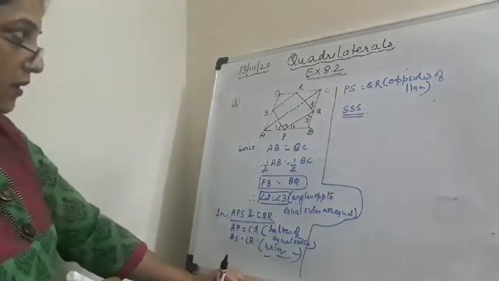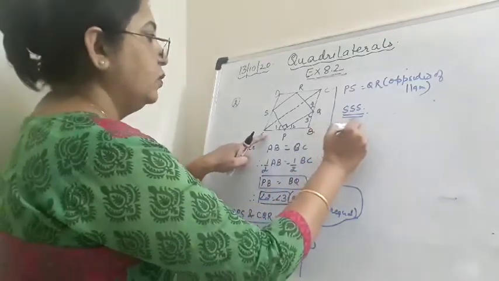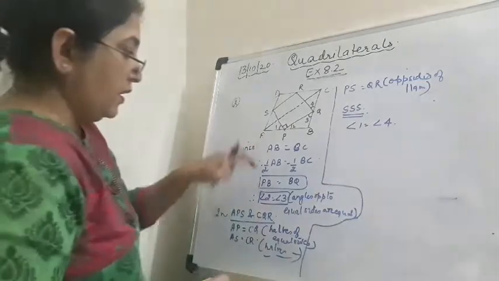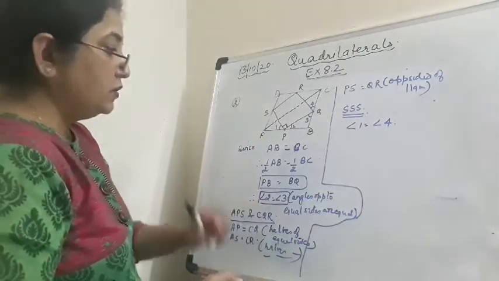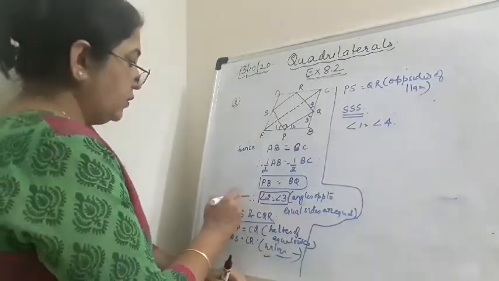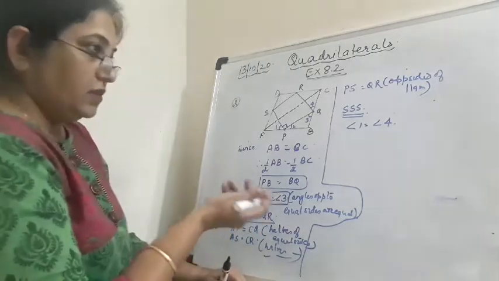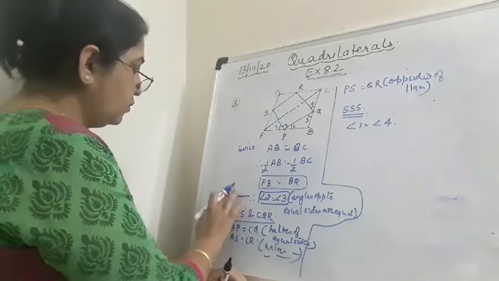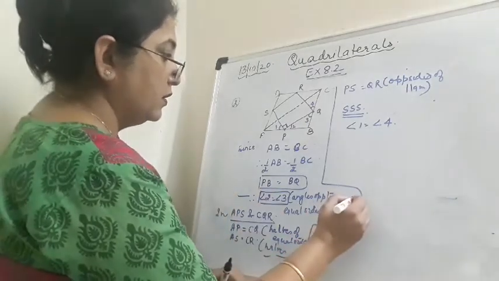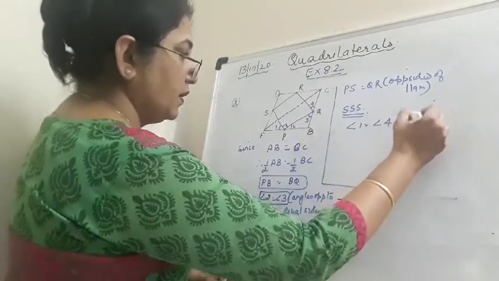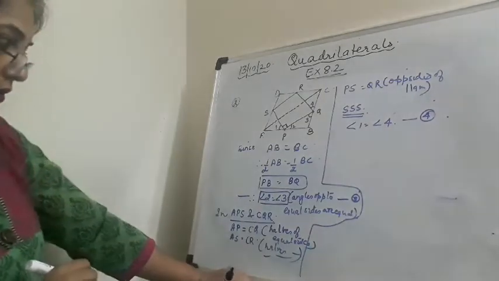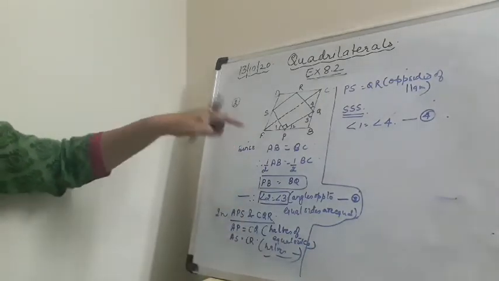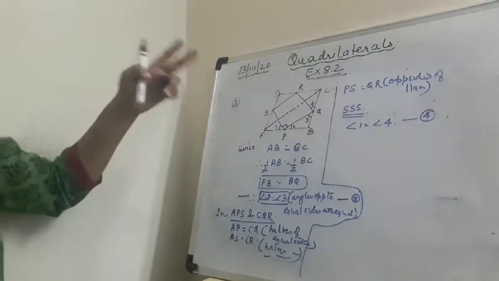Now when the triangles are congruent, we can write angle 1 is equal to angle 4. Now here we've got 2 is equal to 3. So let us number this equation as 3, because in the previous part we have numbered it as 1 and 2. Let this be 3. Let this be 4. Okay, so I hope this part is clear to you. We have already proved that 2 is equal to 3 and we have now proved that 1 is equal to 4.